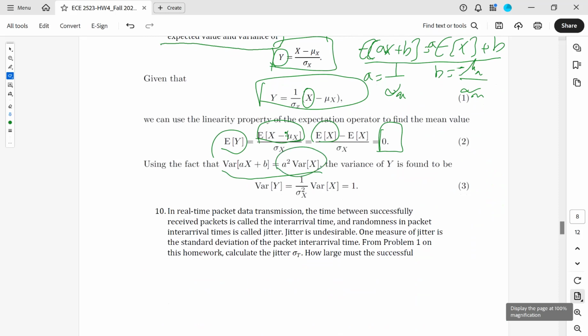So we directly use this formula, and we already know that a is 1 over the standard deviation. So the variance of y is 1 over the standard deviation of x, squared, times the variance. What is the standard deviation squared? The variance itself. So the numerator and denominator cancel each other out, and the variance of y is 1. Is that clear? Are we good on that problem?